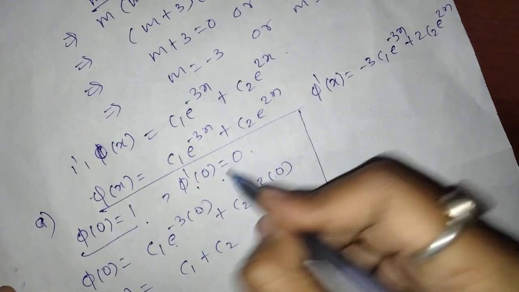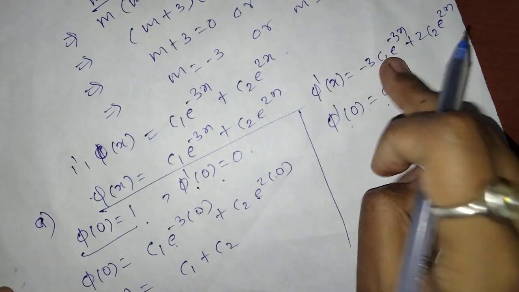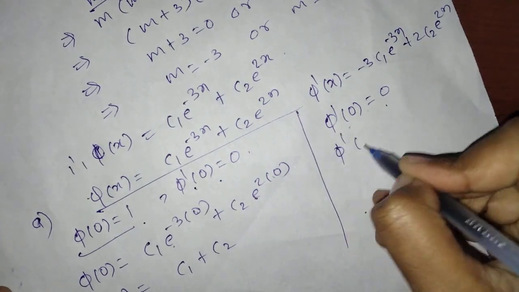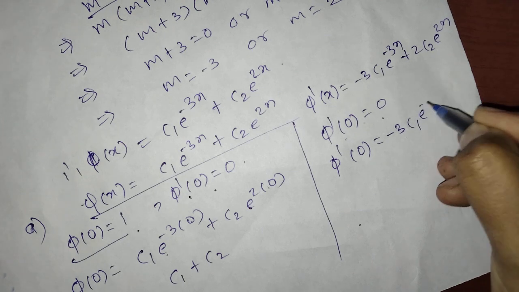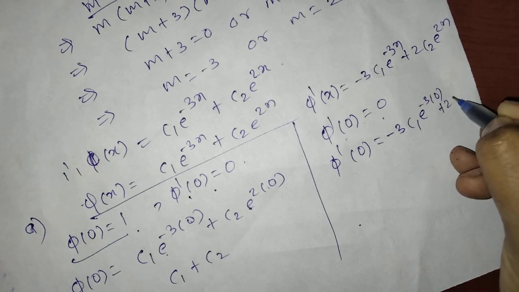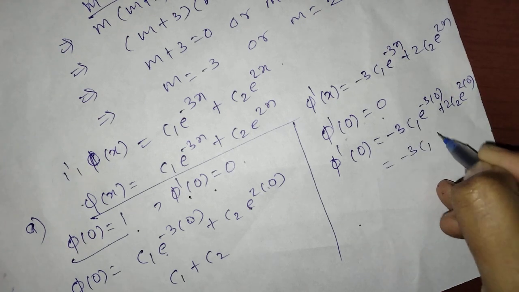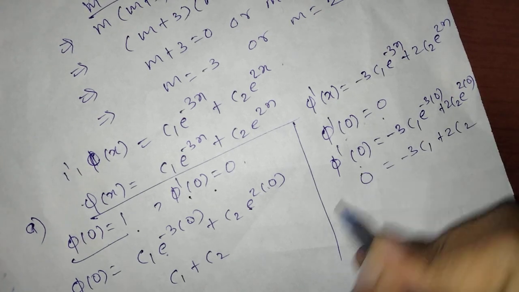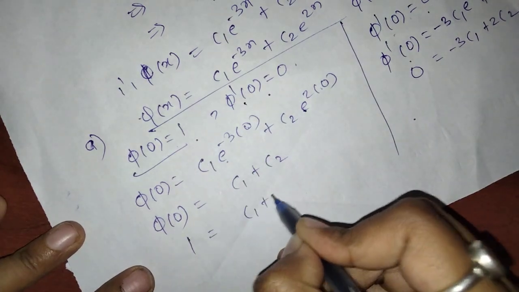For phi'(0) = 0, put phi'(0) = 0 in this equation. You can get phi'(0) = -3c1 e^(-3*0) + 2c2 e^(2*0) = -3c1 + 2c2. Phi'(0) = 0. Here phi(0) = 1, so 1 = c1 + c2.